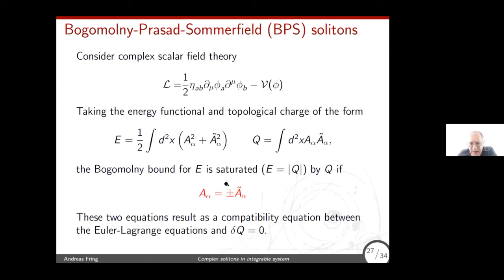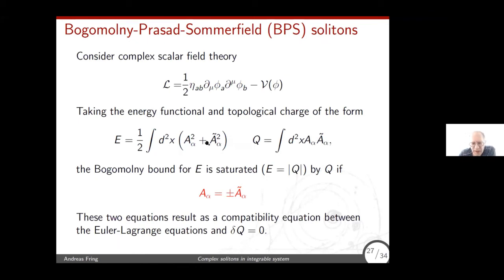And the key is that once you're at this limit, you're satisfying the Bogomolny bound, because in general, higher dimensional soliton solutions are unstable because of Derrick's theorem. But once we are at the bound, there's a chance that they are physical because they cannot go any further. We are already at the minimum.